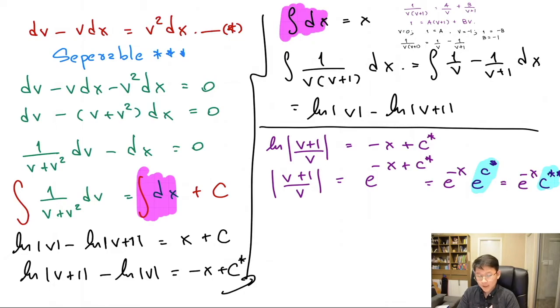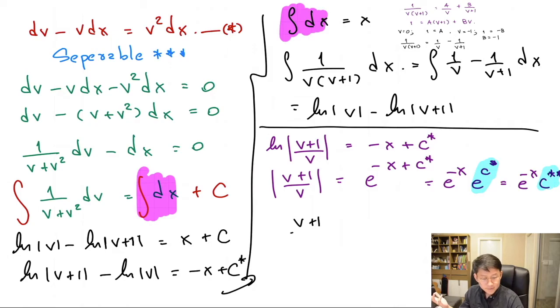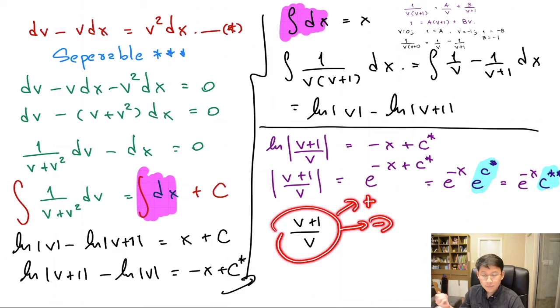I'm not going to write this down, I'll just let you know. This expression can be either positive or negative because you have an absolute value here. But as in the previous section, c star is a constant.